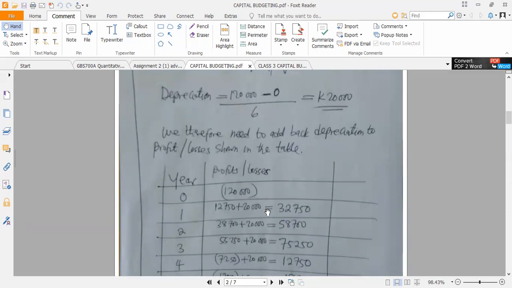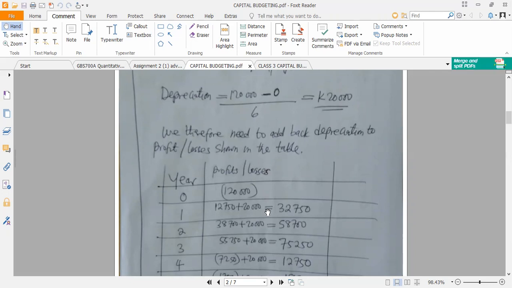I know there can be an argument, why do we add back the depreciation? This is because the depreciation does not involve physical cash leaving this company or this equipment.